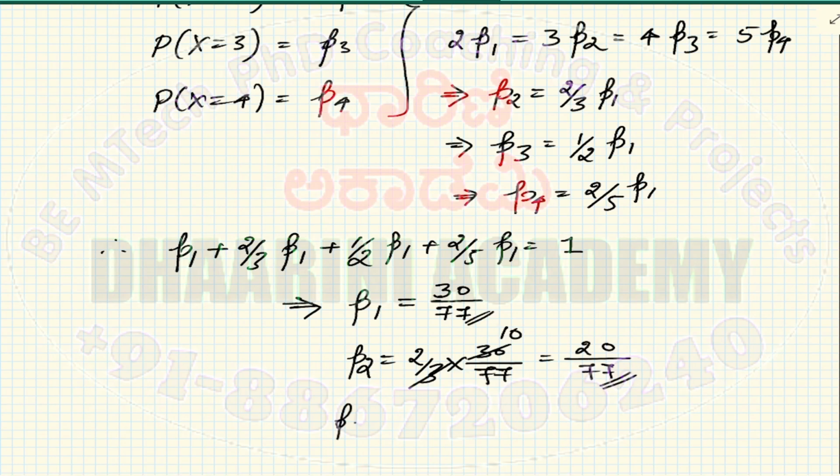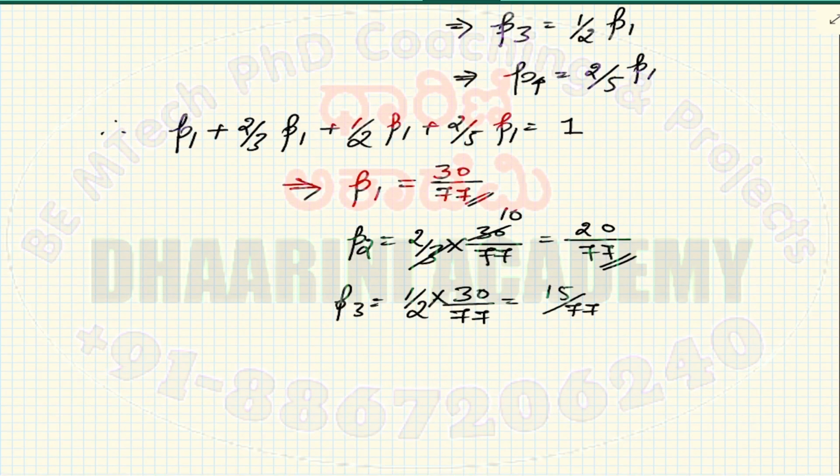P3 is equal to 1 by 2 into 30 by 77, which is 15 by 77.